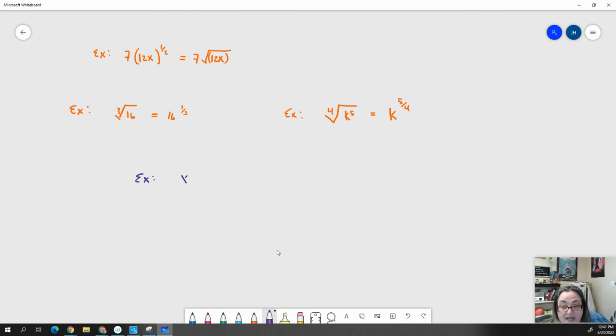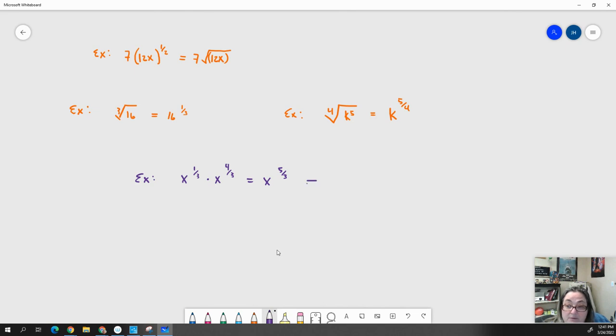If I have, say, x to the 1/3 times x to the 4/3, remember, if we're multiplying exponents, we add the exponents together. These luckily have the same denominator, so we would have x to the 5/3, right? When we add those exponents together.